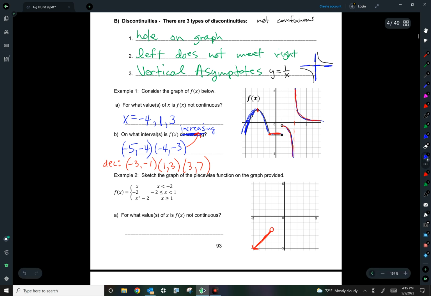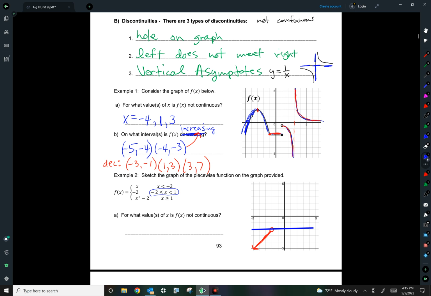So now let's look at the second piece. We're looking at y equals -2. Well, y equals a constant. Isn't that just a horizontal line? So if I were to draw the entire horizontal line when y equals -2, it would go all the way across here. Okay? But I don't want the entire line. I only want the part when x is between -2 and 1.